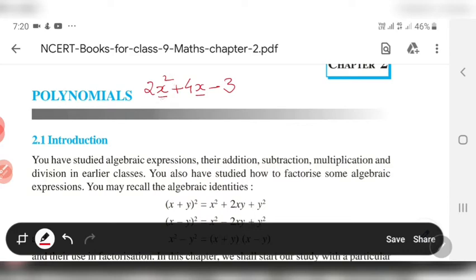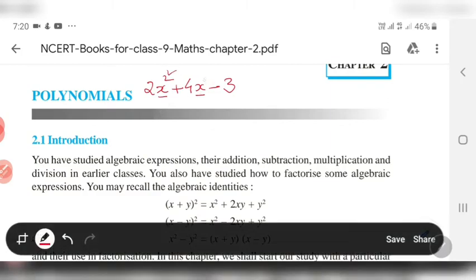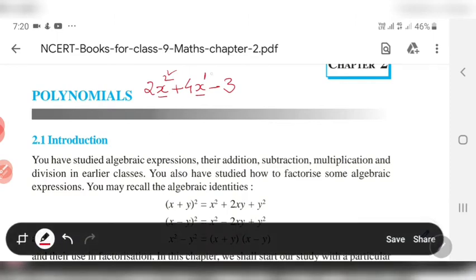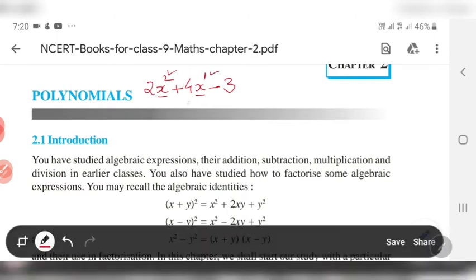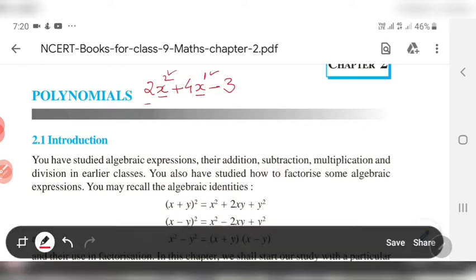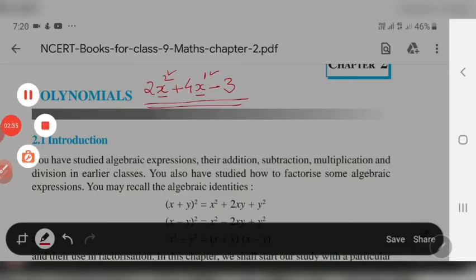And we know whole numbers start from 0, 1, 2, 3, 4, it continuously goes, correct? So here the exponent of x is 2, and in this case the exponent you take as 1. Understood? So 2 and 1 are what? They are whole numbers, correct? So therefore 2x square plus 4x minus 3 is a polynomial. Okay children, I hope you understood this point.